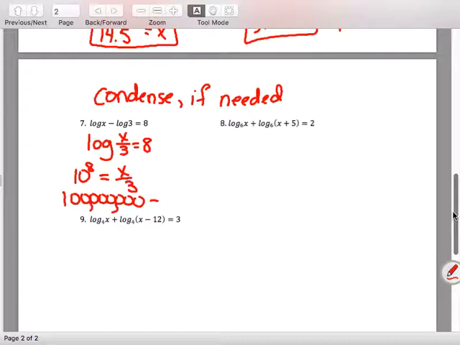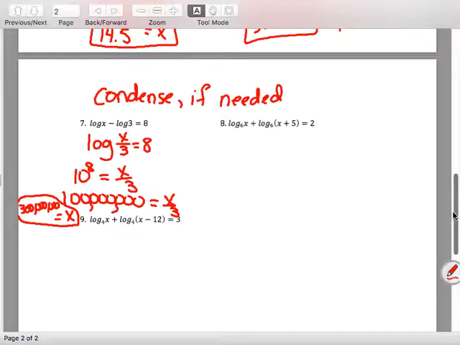So that's 100 million. If I multiply by 3, wow, that's 300 million. You do need to check, and I hope I'm not glossing over this part, it's because I already have checked them. 300 million is positive, so that's okay. All right, I'm going to pause and give you a short head start on 8 and 9.